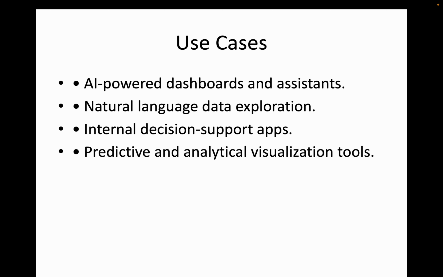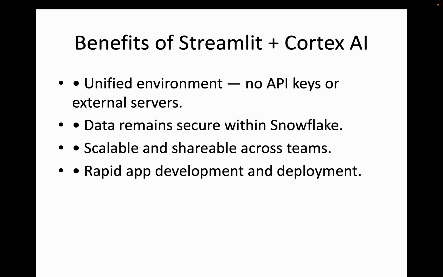Use cases include AI-powered dashboards and assistants, natural language data exploration, internal decision support apps, and predictive and analytical visualization tools. We can go with this application. The benefit of using both Cortex and Streamlit is that you get a unified environment where you don't have to worry about storage integration, API keys, or all those things.